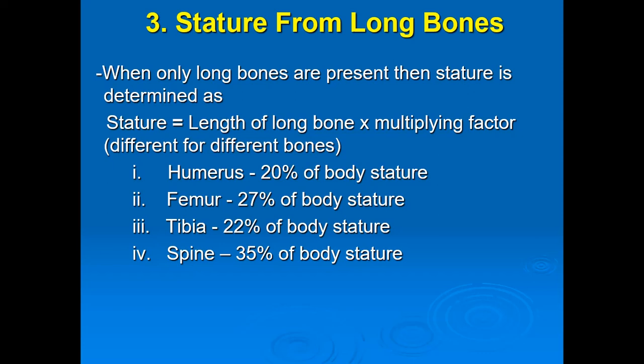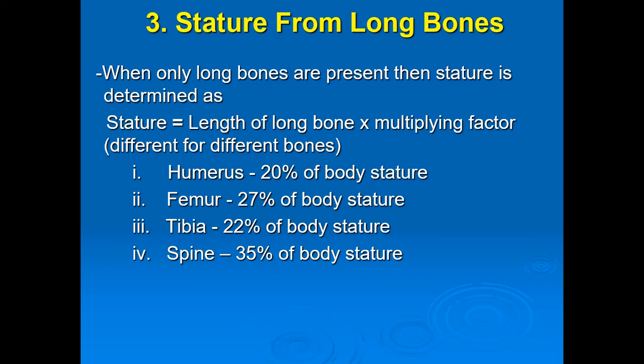So if you get the humerus, that is about 20% of body stature. So this 20% is the multiplying factor for humerus.